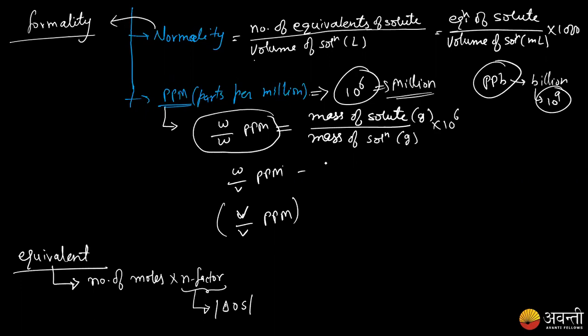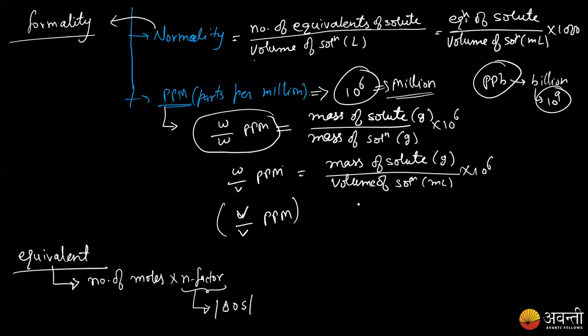And this is mass of solute in gram divided by volume of solution in ml into 10 to the power 6.